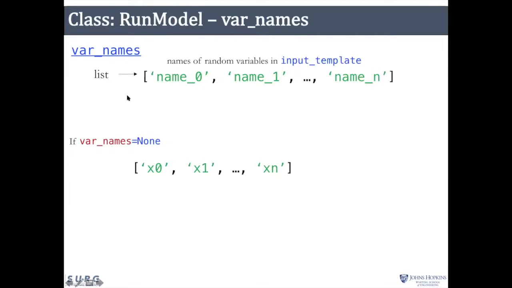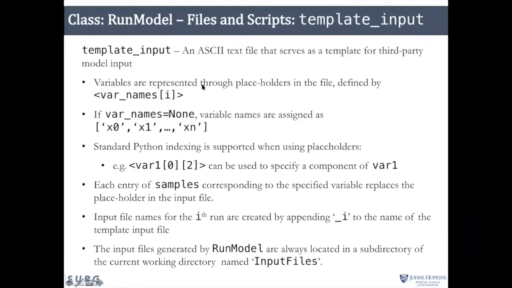Now the variable names which is passed as an input is a list of strings where each string represents the name of a variable which is present in the template input file. The template input file is a text-based file that serves as the template for third-party models.